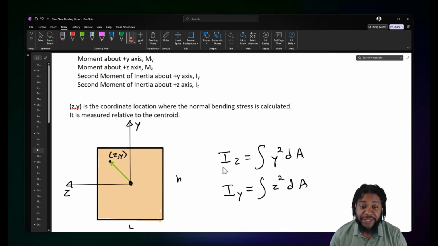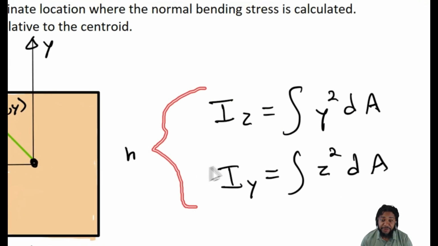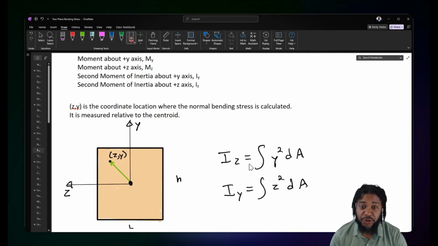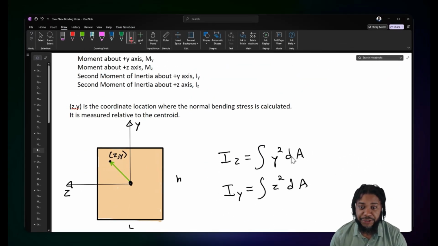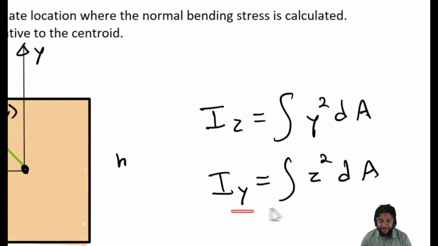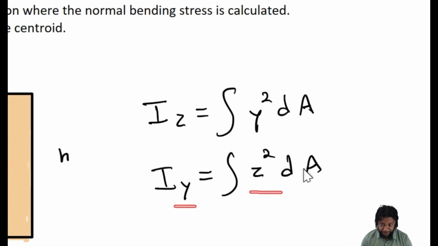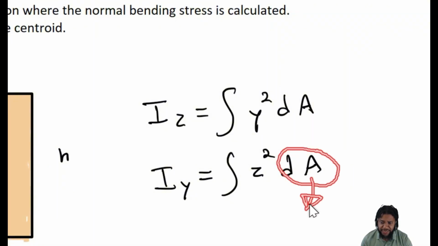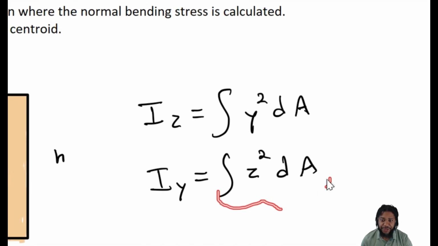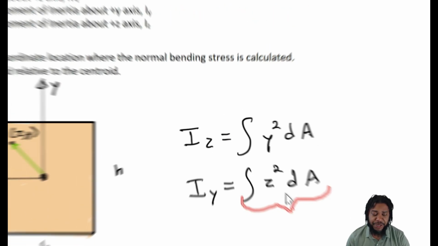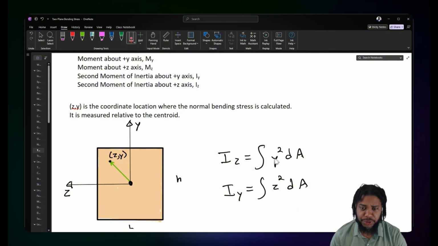Now, the second moments of inertia also need to be solved for. About the z-axis, it's the integral of y squared dA, and about the y-axis, it's the integral of z squared dA, where dA is something we need to solve for based on our geometry in order to actually integrate this equation, right?